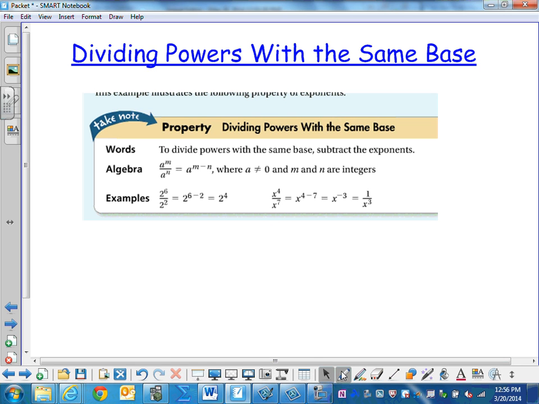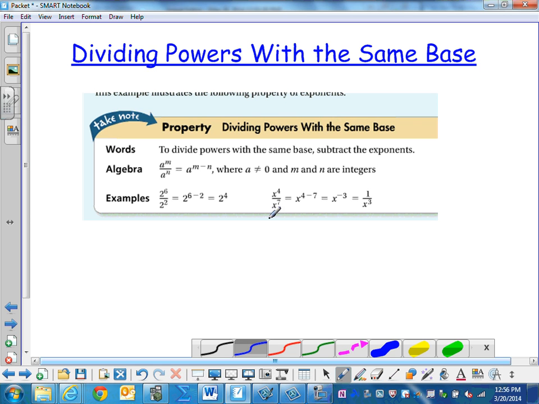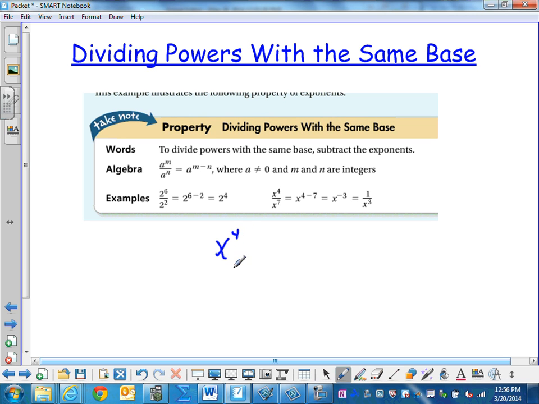So let's look at this last example. We'll expand it to see what's happening. We have x to the 4th divided by x to the 7th. x to the 4th in the expanded form is x times x times x times x over x to the 7th, so x times itself 7 times.